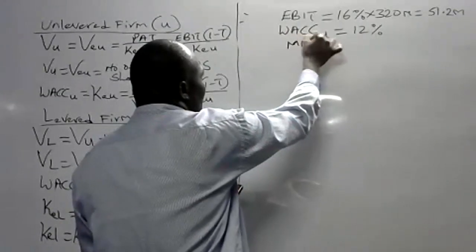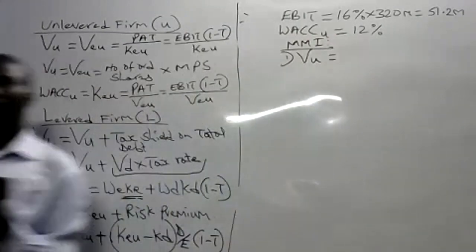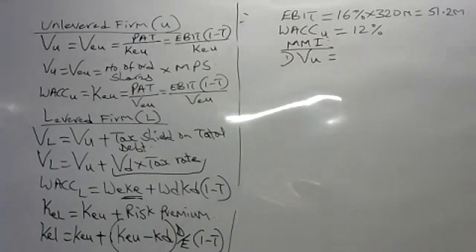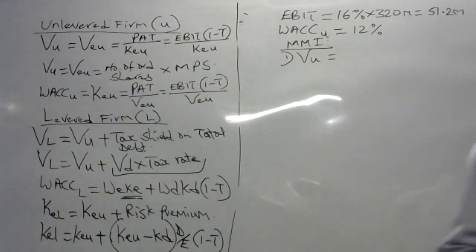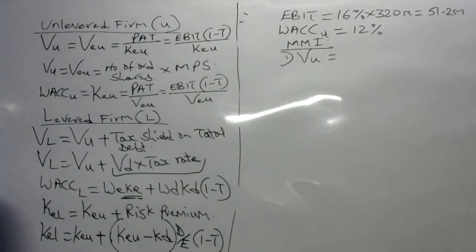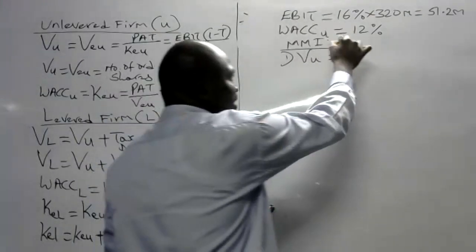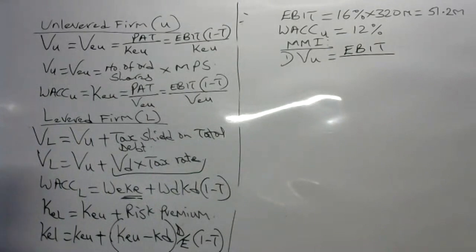So under MM1, how do you get the value of the unlevered firm? It equals EBIT divided by cost of equity.